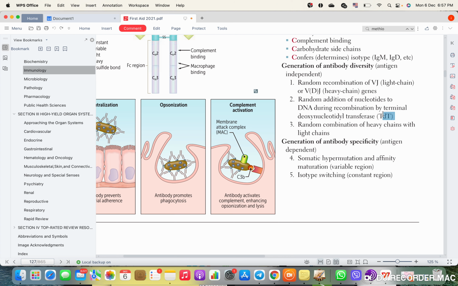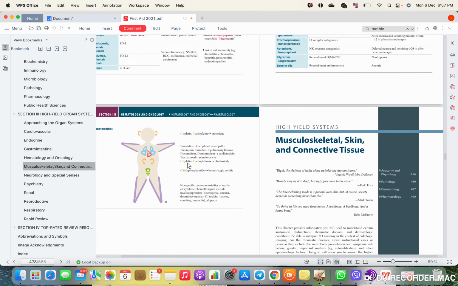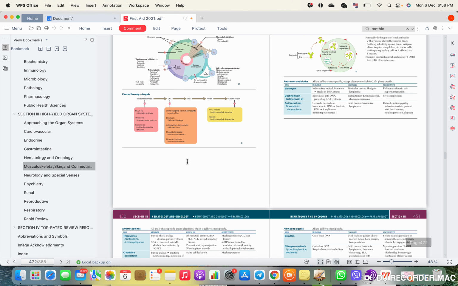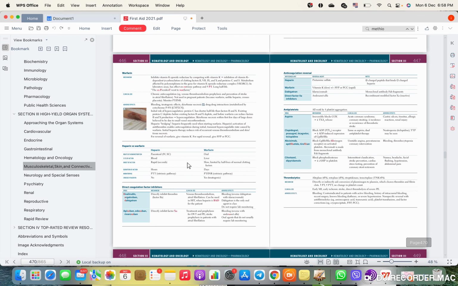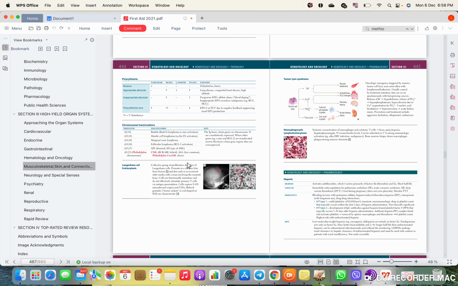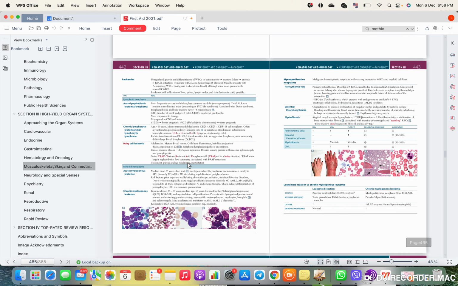So what is going to happen to the number of the TdT in case of hyperproliferation? It's going to be crazy high, yes? So we use the TdT as a marker to determine if this cancer is lymphocytic in origin or is it from somewhere else. So basically what I'm trying to tell you is that if the TdT is high, this patient has a cancer with a B cell origin, yeah?